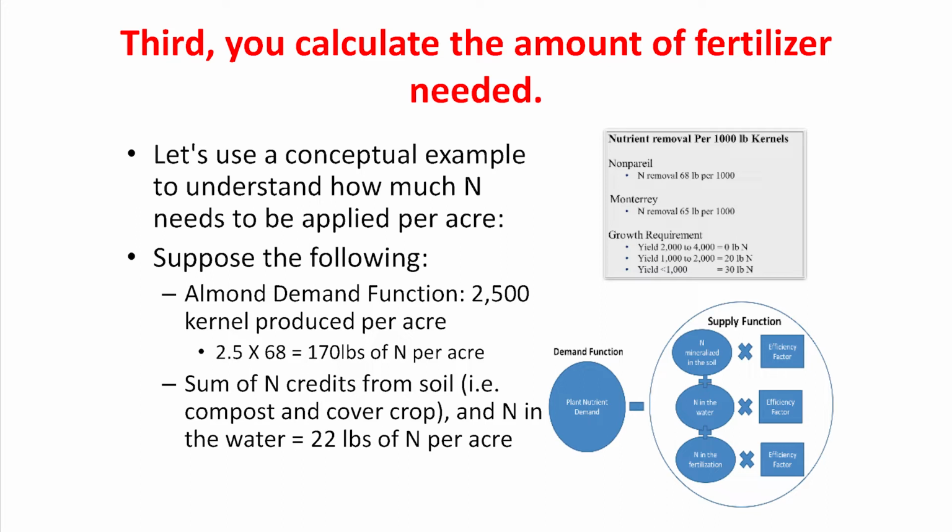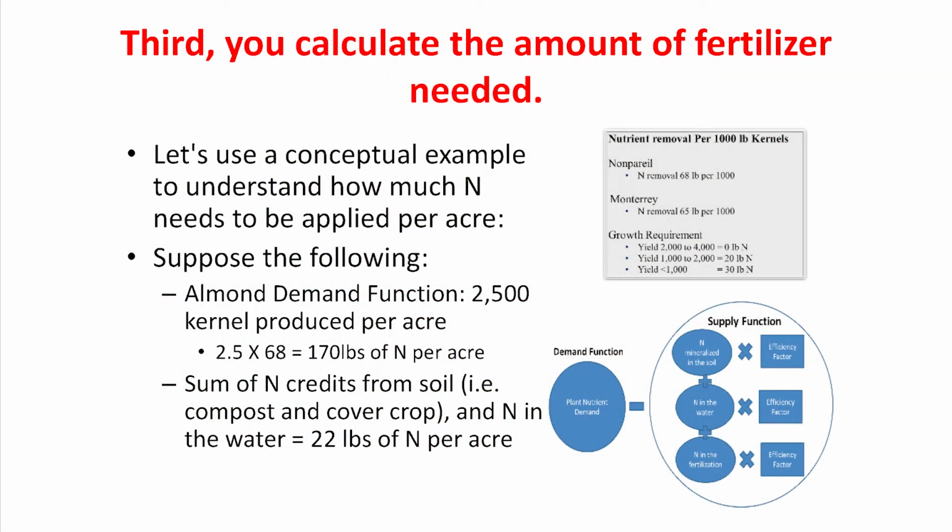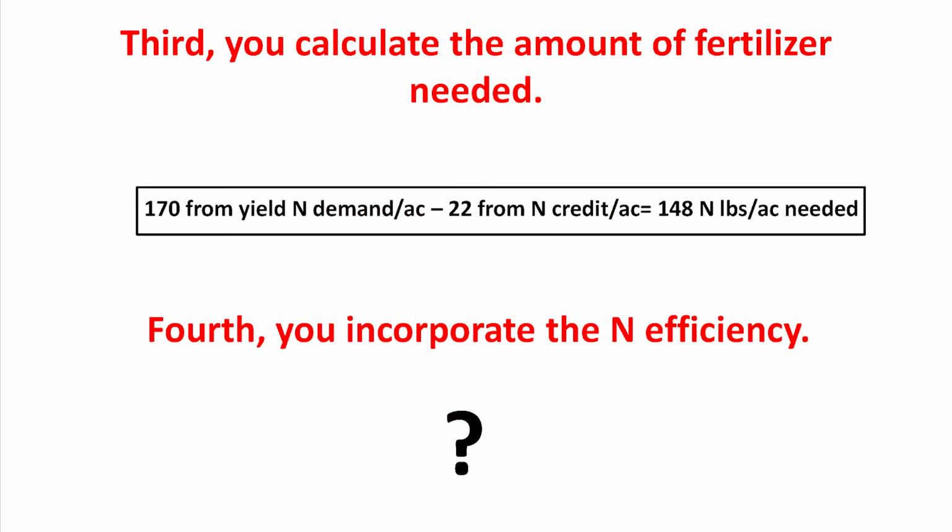Then let's assume that we have other sources of nutrient, other inputs like compost and cover crops and the water, and let's say that all of them add up to 22 pounds of nutrient credit. Are you guys following up to there? You got it? Okay, so we have a demand of 170 and we have a natural supply of 22. So 170 minus 22 gives you 148 pounds of nutrient that are needed.